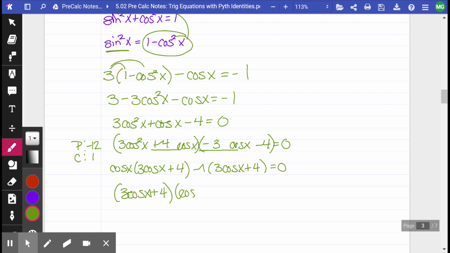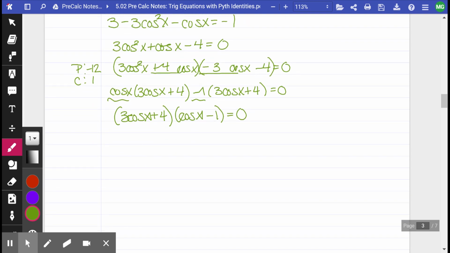And our leftovers, cosine x minus 1, go in the other set of parentheses. All right, now it's time to solve. So draw your line, set each equal to 0, and solve for your values of x. All right, so you should have gotten here that cosine x equals -4/3.